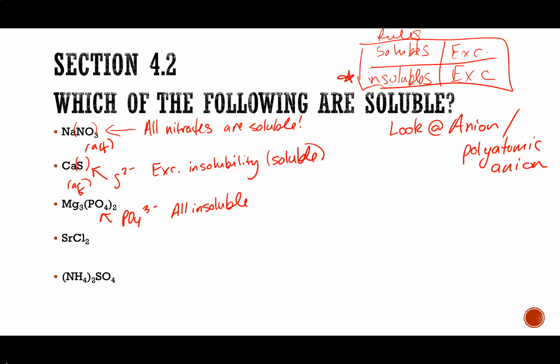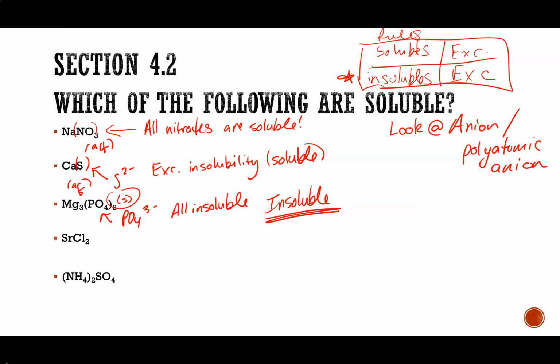According to this, it says alkali metals. Is that right? And alkali metals are going to be the group 1 metals, which are like lithium, sodium, potassium, rubidium. Magnesium is not part of that, so this is going to be insoluble, which means when in solution it would form a solid.